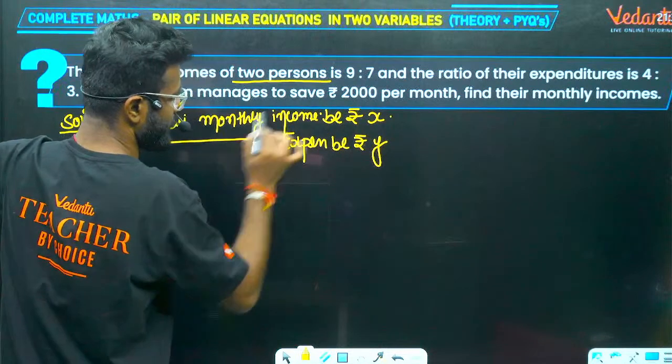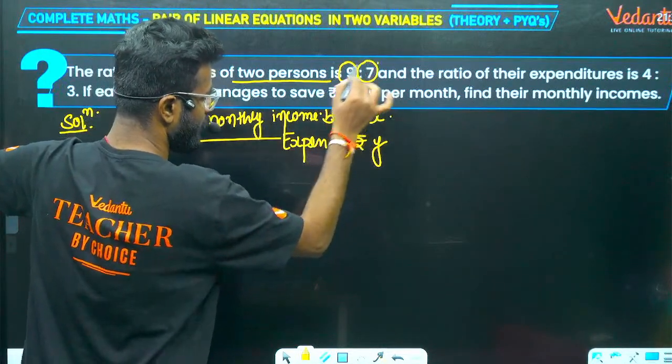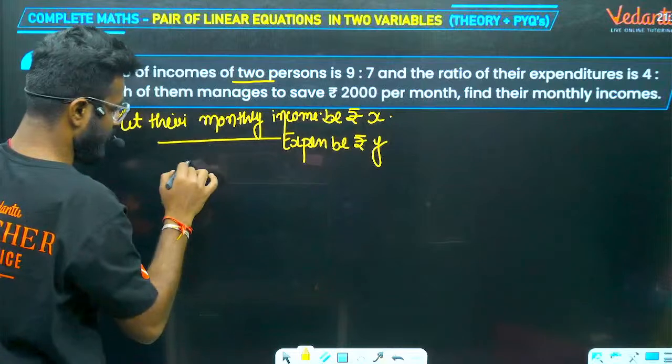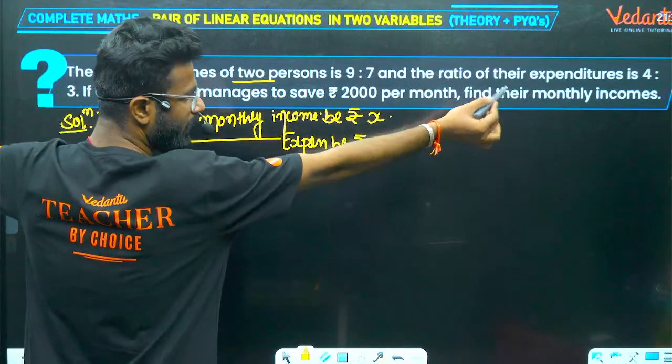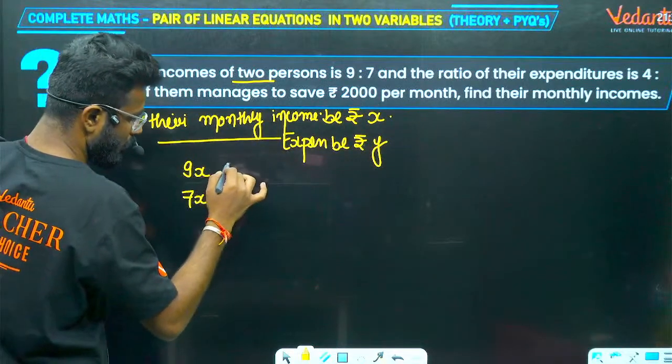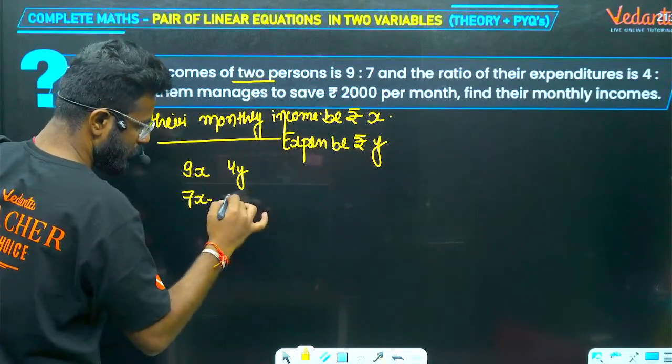See, two persons, 9:7 means 9x and 7x, and the ratio of their expenditure is 4:3.